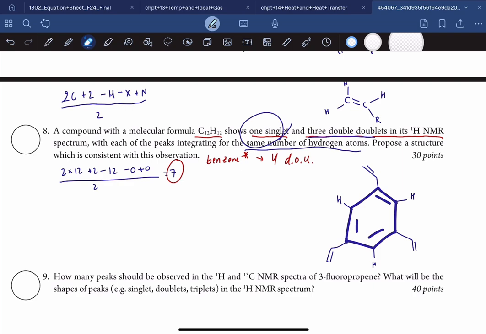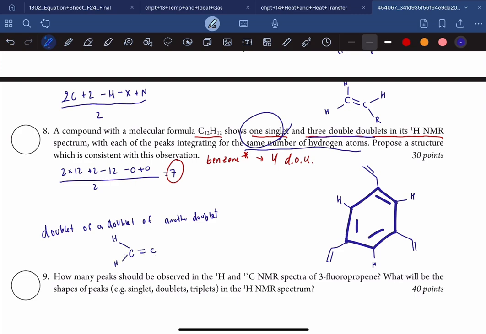But basically, if you have a double doublet, that's this thing here. If you have a triple doublet, I can show you what that looks like. This would be a doublet of a doublet of another doublet, and that would look like this: C double bond C, H, H. This would be bonded to a C, and this would have another H on it, and this would be bonded to more things.